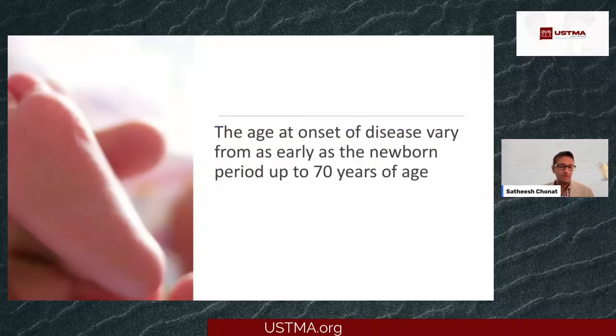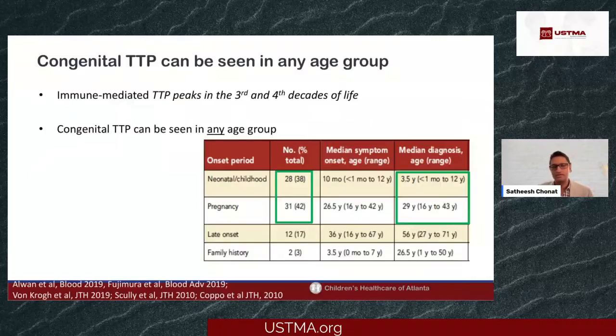We discussed this earlier. Can go to the next slide, please. The onset varies from as early as newborn to 70 years. This is the data that was shown by the TTP registry from England. They looked back about 15 to 20 years, and they published this a few years ago, where we know that immune-mediated TTP typically peaks in the 30s and 40s of age, whereas congenital TTP can be seen in any age group.